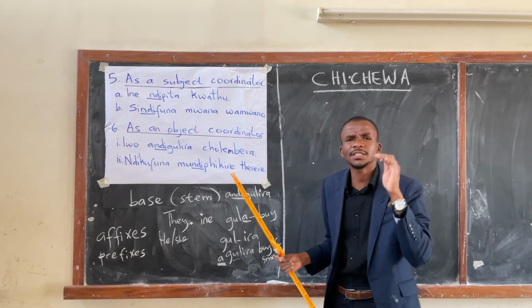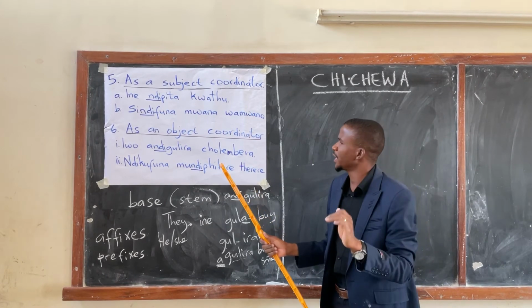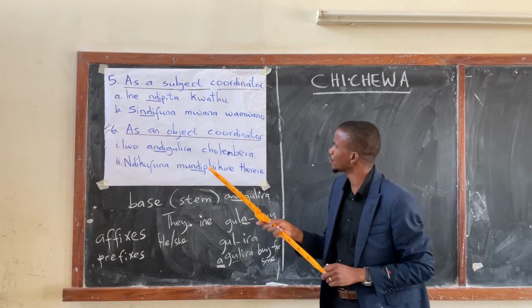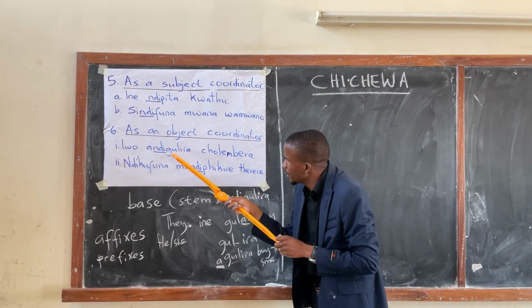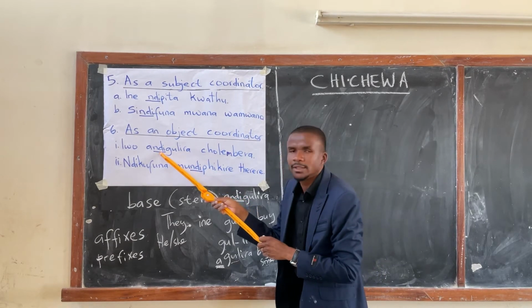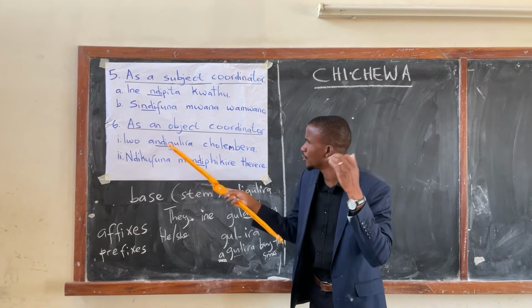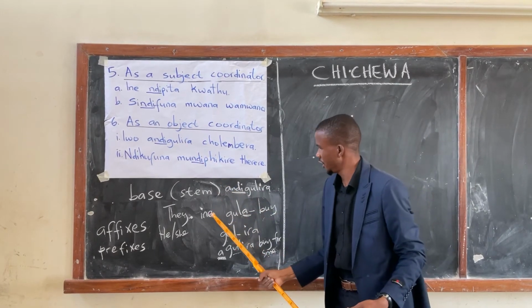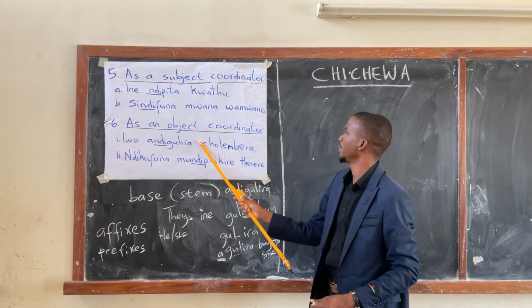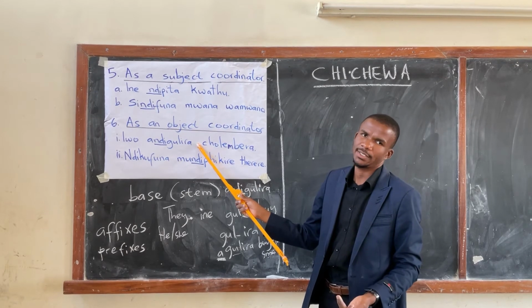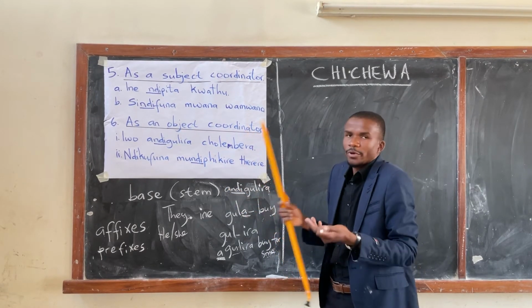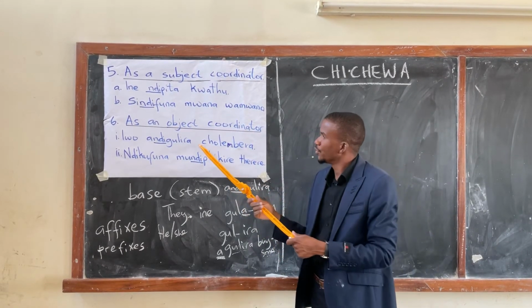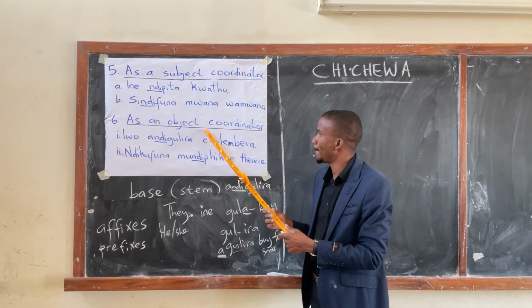But since Chichewa speakers will understand because of looking at the verb itself, looking at ndi, they will understand that this action of buying has been performed on the one who is speaking. Therefore, there is no need to write ine. So, both ways would still send the same message.